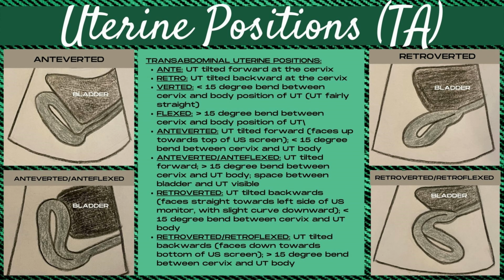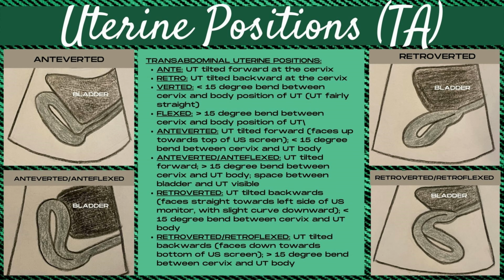Now let's combine some of these terms. Anteverted means the uterus is going to be tilted forward. It's going to face up towards the top of the ultrasound screen on a transabdominal image. And there's going to be less than 15 degrees bend between the cervix and the uterine body. Anteverted and anteflexed means the uterus is tilted forward.